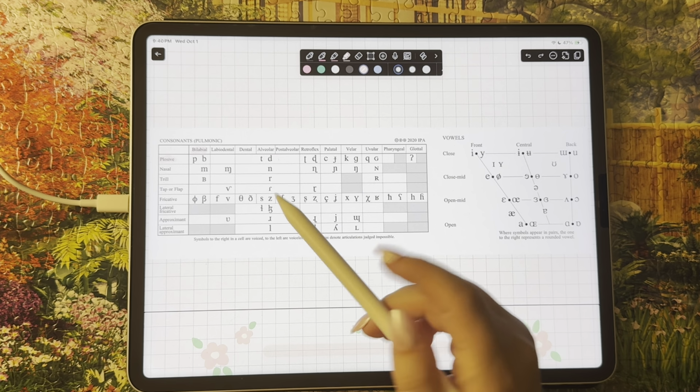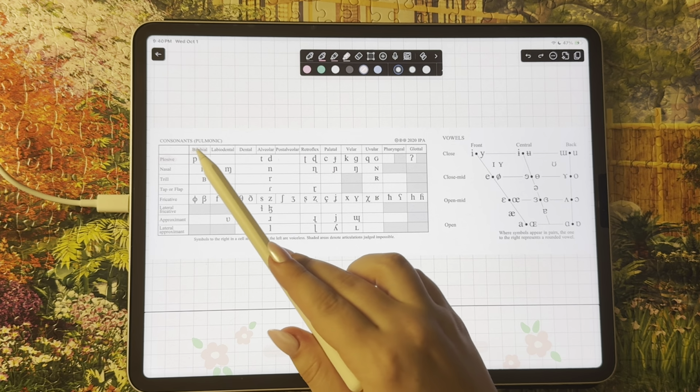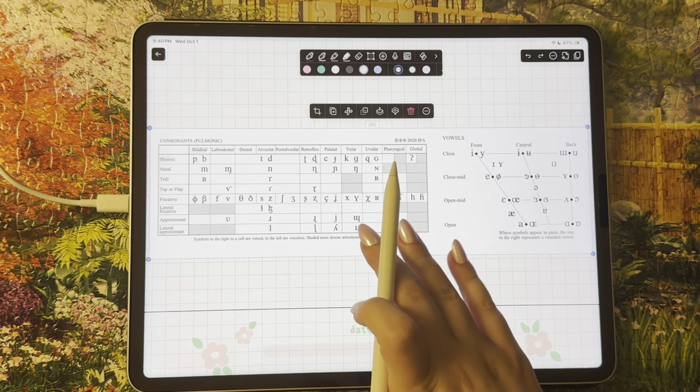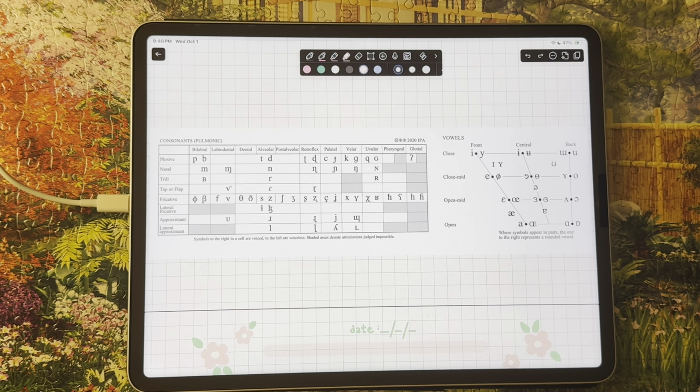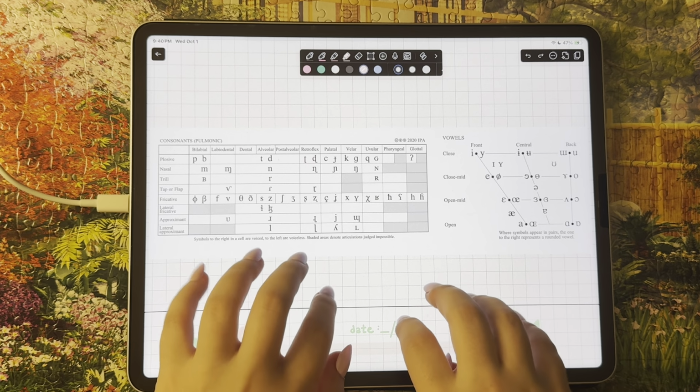If you don't know these anatomical terms, that's all right. It's just the placement of where your tongue meets a certain thing, or where your articulators are placed.